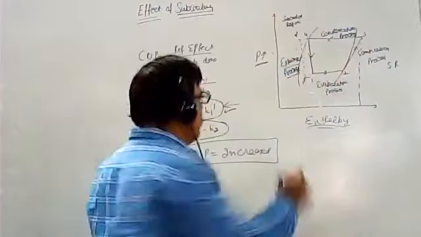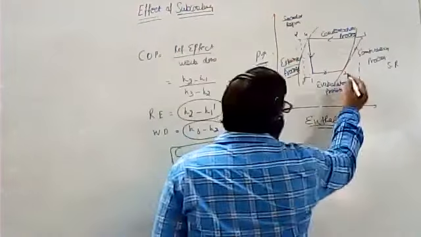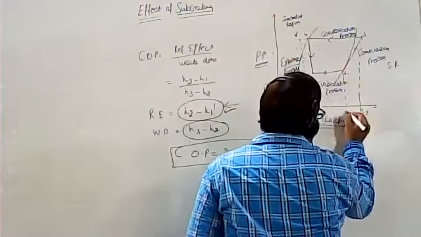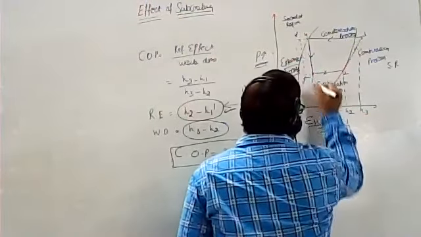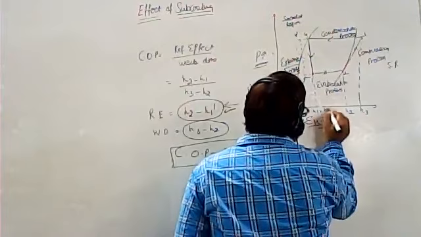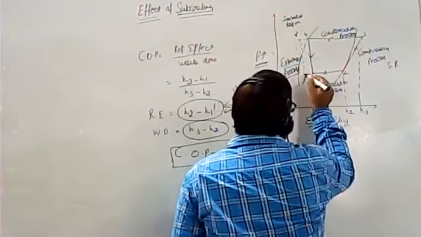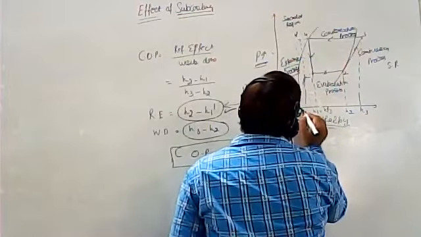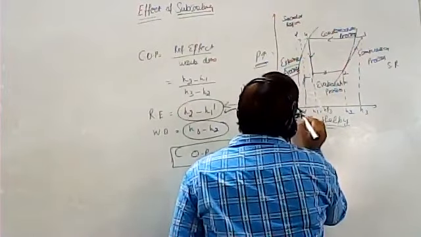This will be your enthalpy at point 3, this will be your enthalpy at point 2, and this will be your enthalpy H1, which is equal to HF3. But in this case, this will increase from H4 dash to H1. So both are same.